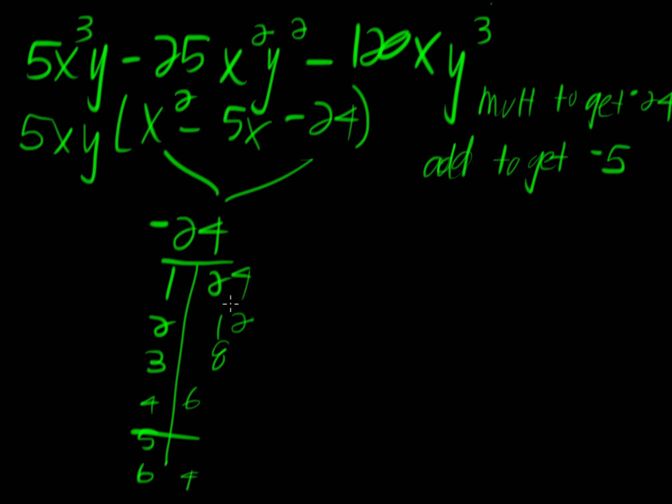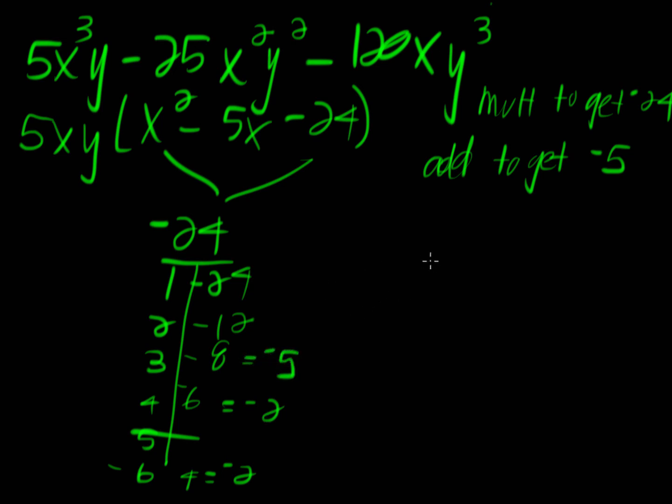And now I want to think about the fact that this is a negative 24 that I'm multiplying to get, so my signs are going to be different. Since my signs are different and I'm adding to get a negative number, that means my larger number is negative, the smaller number is positive. So I add negative 6 and 4 together to get negative 2, the same thing right here, and negative 8 and 3 give me negative 5.